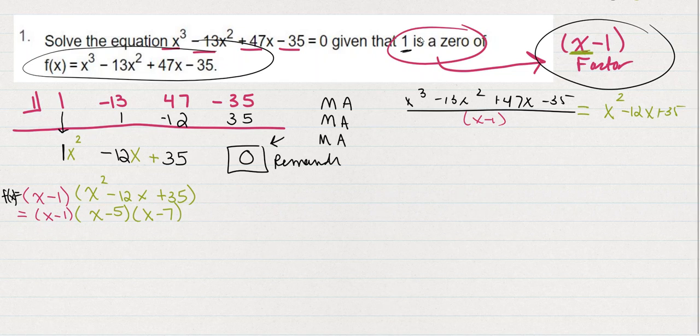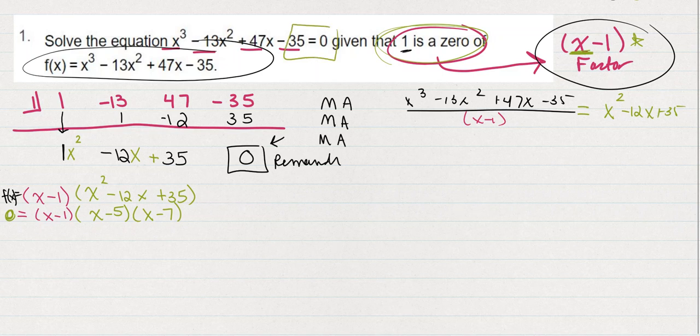This is a very important step to be able to take. When I know that 1 is a 0, I need to recognize that that means that x minus 1 is a factor, and if I factor that x minus 1 out with long division or synthetic division or any other method, I'm left with the x minus 5, x minus 7. So if I wanted to solve this equation when it's set to 0, notice that the equation is set to 0.